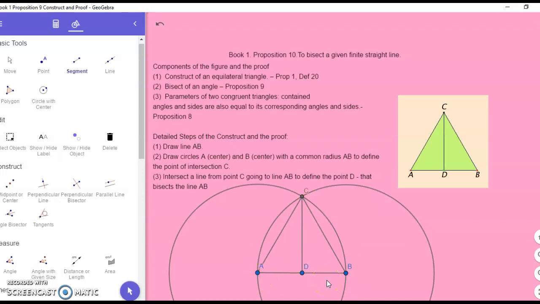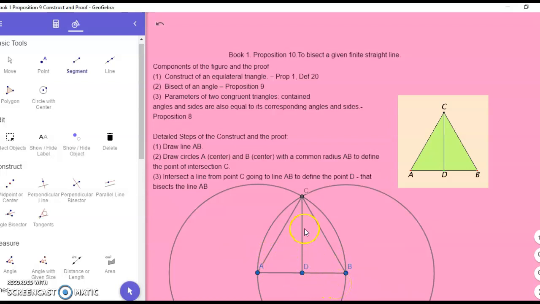So how are we going to show that indeed line CD bisects AB and that AD is equal to DB? We cannot use the side-side-side theorem, because again, we need to establish equality between this pair of sides here.